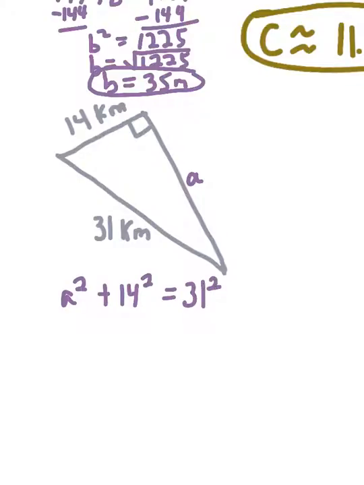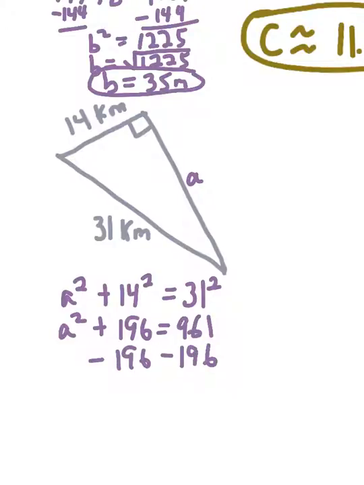And A squared plus 196 equals 961. Subtract 196, and that's 5, and 15 minus 9 is 6, so 765 is A squared.